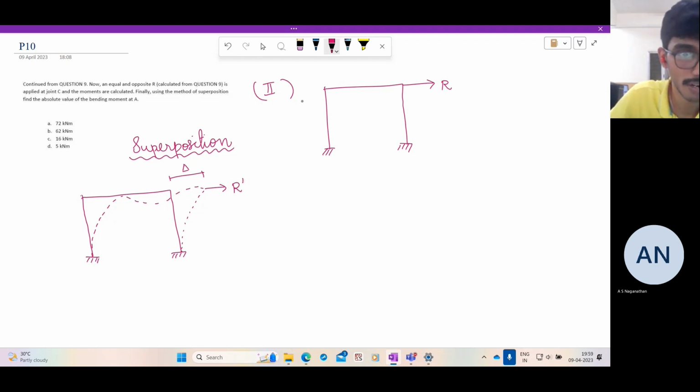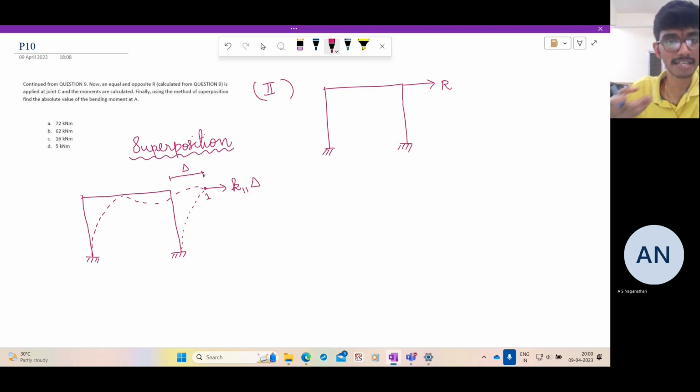Or rather, in more precise terminology, you're applying a force here and you're measuring the displacement here. So at this point 1, the force that needs to be applied is K11 into delta, where K11 is the stiffness coefficient that relates the displacement of point 1 to the force applied at point 1. So you need to apply K11 delta to cause the displacement delta. So that is what it means.